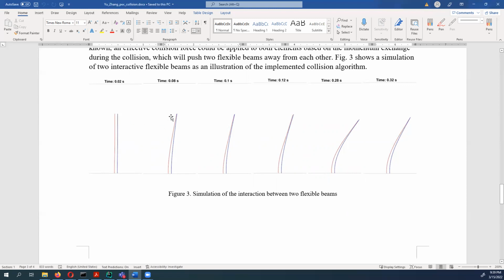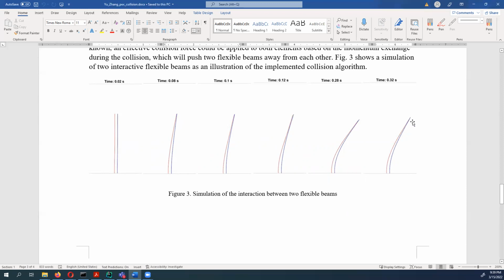And as it bends, it will start to collide with the blue beam and start to push it away. You can see, because I have a collision detection mechanism between the two beams, the red beam is not able to penetrate through the blue. Instead, they move collaboratively and eventually reach a stable condition, which is the last figure.